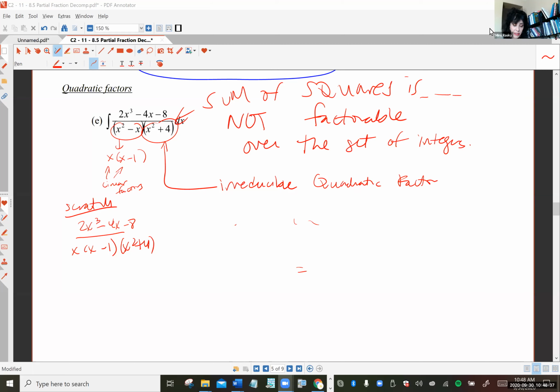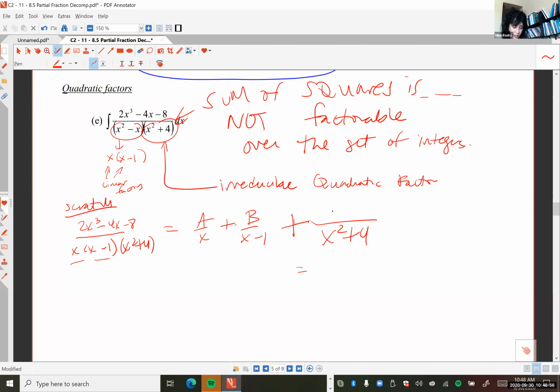I'm trying to get my basic equation right now. So I have the original integrand in factored form. The two linear factors are going to get their own little partials for themselves. And then the irreducible quadratic gets a very special numerator. He gets a linear factor for his numerator. Uh-oh.